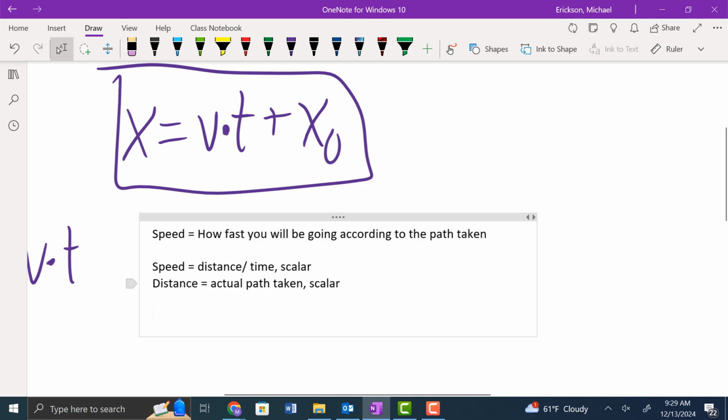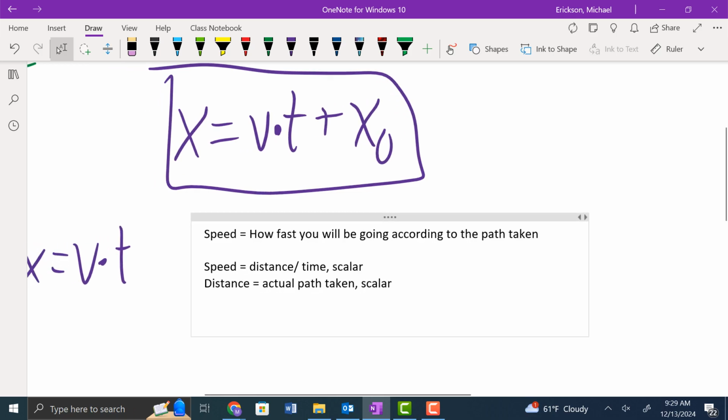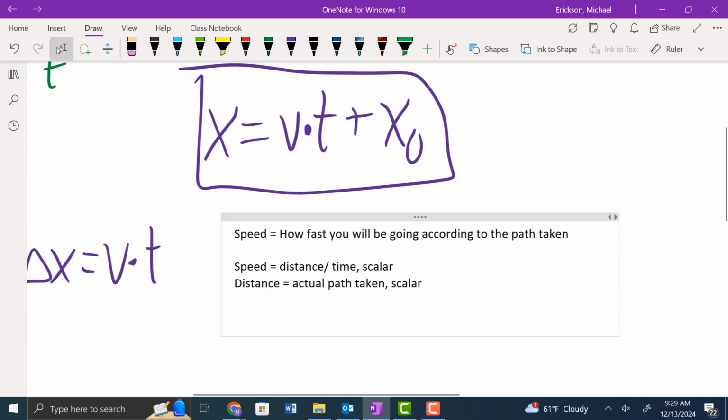The other two variables that we've been talking about in this unit are, first, velocity. How fast you go in the shortest possible path.